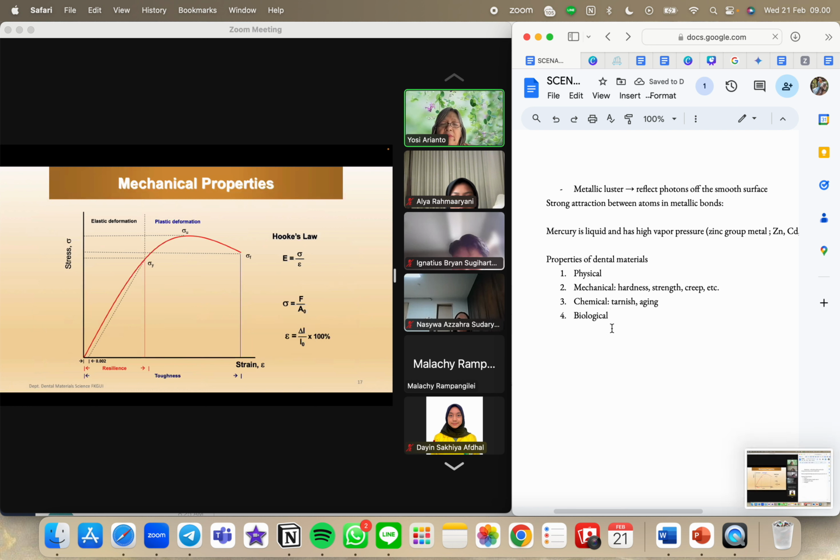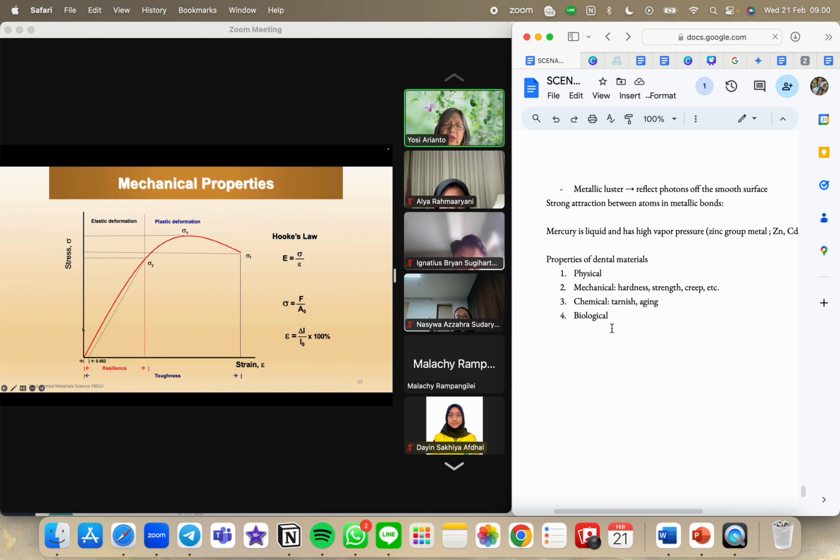For the mechanical properties, I think there is only one focus group that made this. This one, the stress and strain curve. This is the curve.